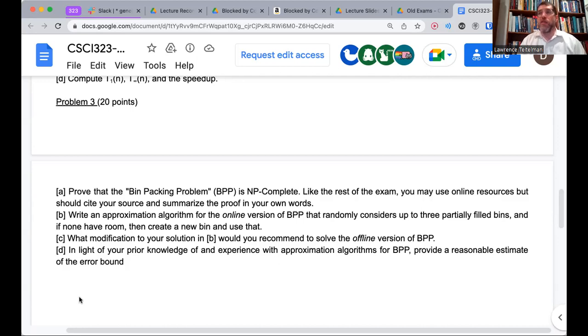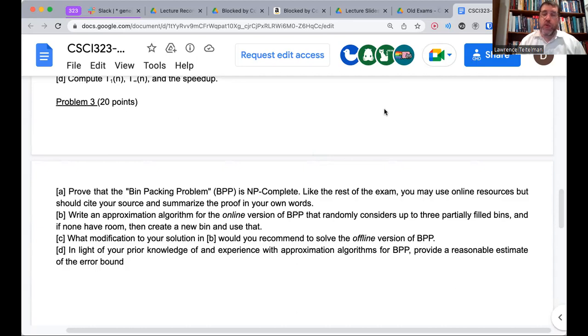And the lower bound, we said, is the total weight divided by the capacity. But we also know more specifically that some of the algorithms that we have are 1.7, 1.4. I think we got down to even 1.22. I think there was 2/9.